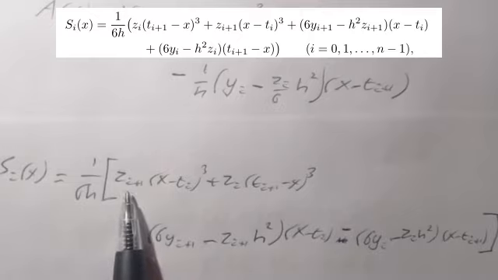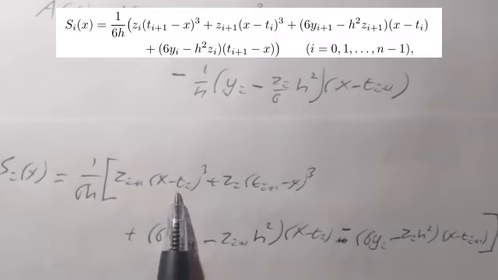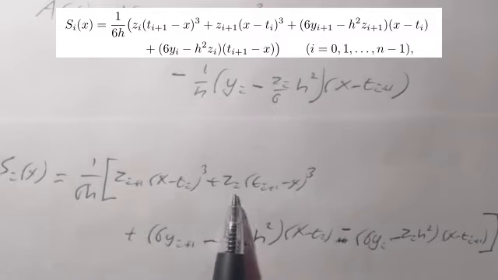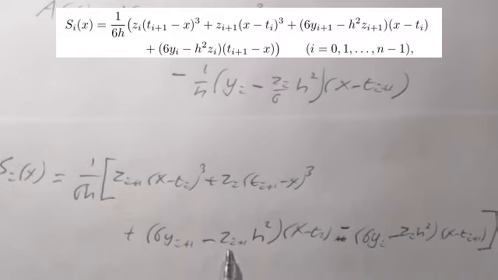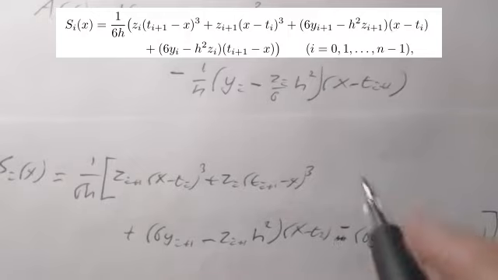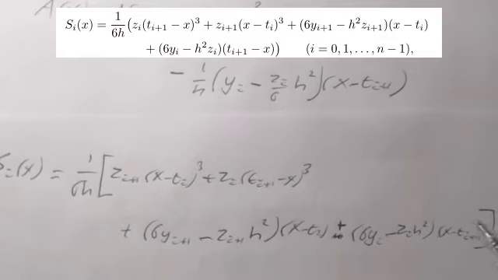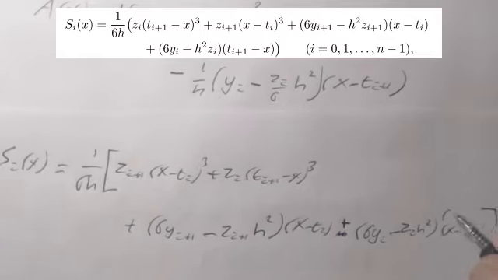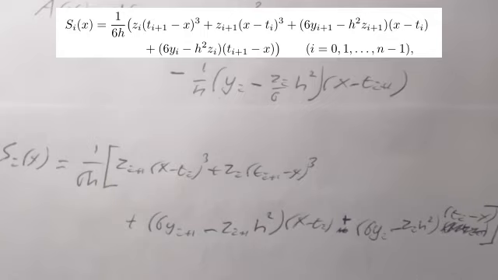They have zi plus 1 x minus ti cubed. They have zi ti plus 1 minus x cubed. And they have 6 yi plus 1 minus h squared zi plus 1 times x minus ti. And then they've written a plus, but they've swapped this around, so ti minus x, something like that. So yeah, it's right.